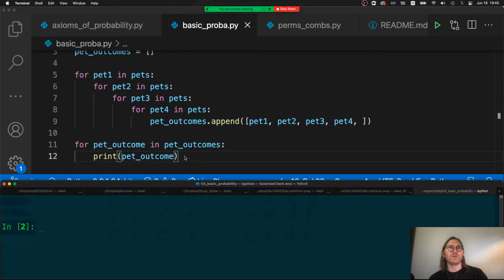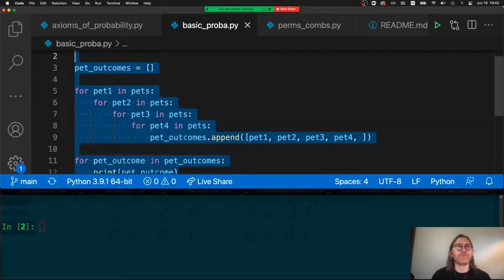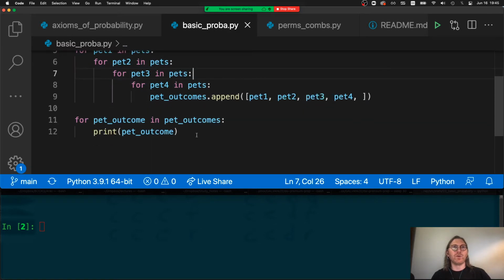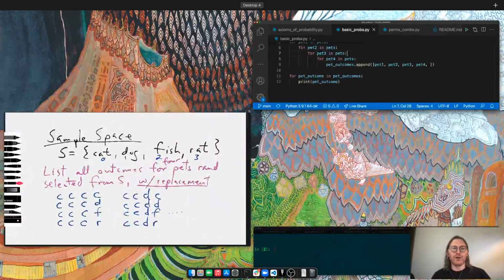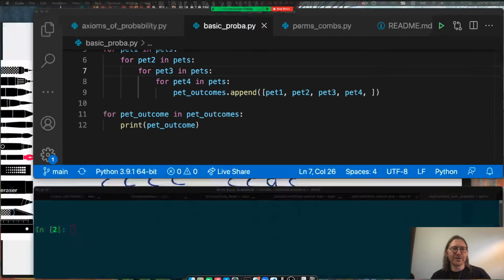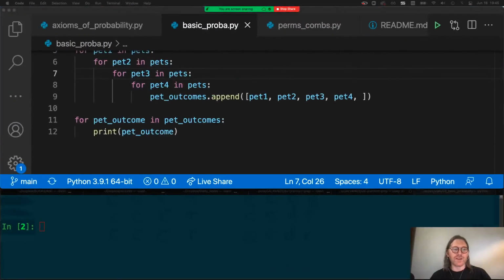So this is going to lead us to a very easy way to represent probability, right? We can now ask questions of this. We can ask a question like, what is the probability that a person will select 2 or more cats when randomly choosing 4 pets?